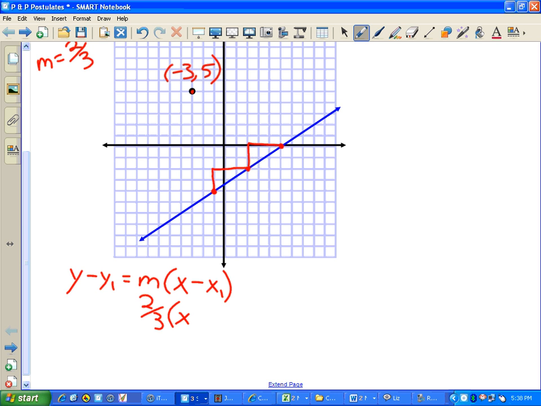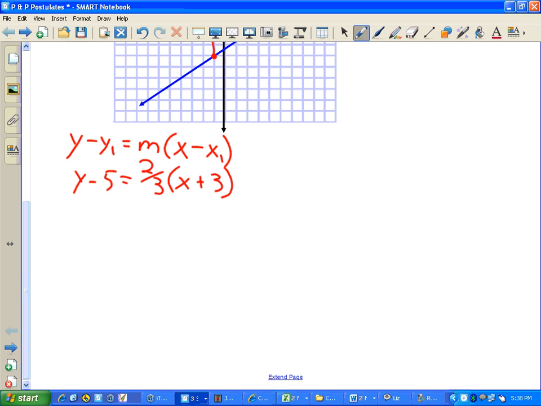My x-coordinate from the point I want it to go through is -3. So minus a -3 becomes +3. Y minus the 5 gives me this. If I distribute, I get 2/3 x plus 2. And then I add the 5 over, so I get y equals 2/3 x plus 7.